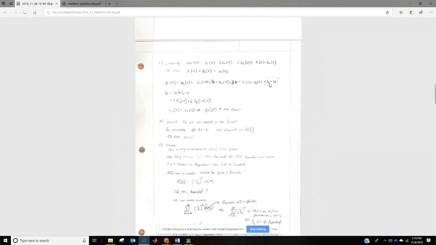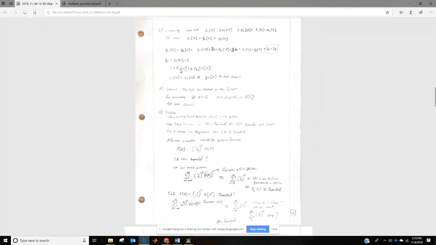It's more of a linear algebra definition. For the most part, you don't have to worry about them. So for x3 of n, we plug in x3 of n, which is equal to x1 of n plus x2 of n, but then we only have the 3 because we don't have each input added to the 3. So that proves that we are not linear.